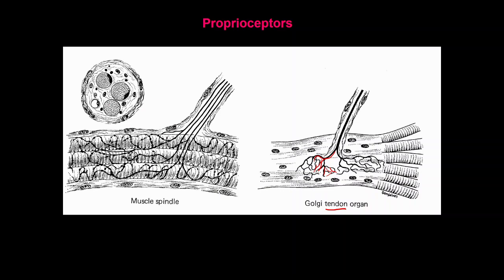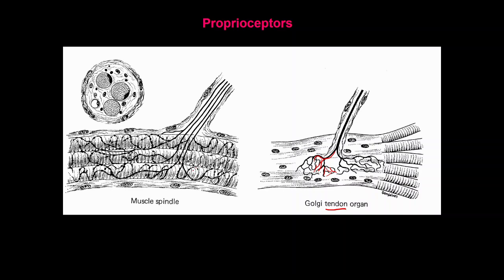And when there are changes in the length, like distension of the muscles that are all around, these changes in length are detected by the muscle spindles, and these sensory nerves will relay the signal to the spinal cord when there is too much stretching.